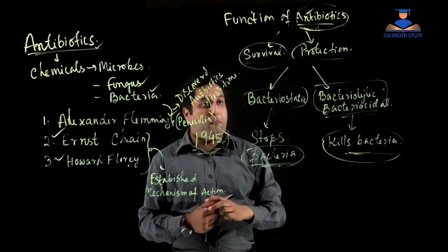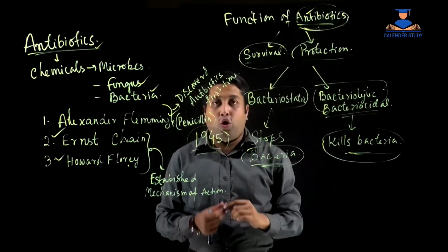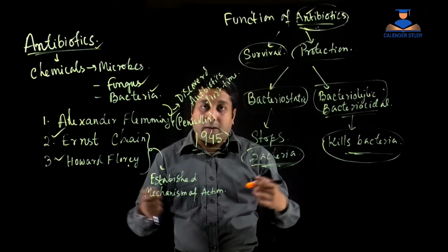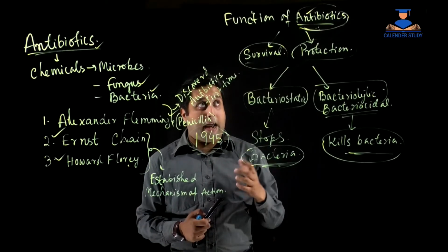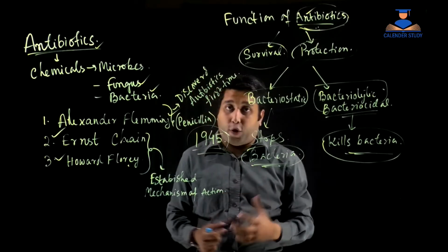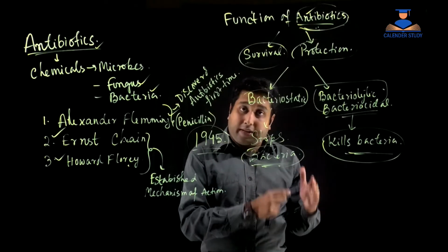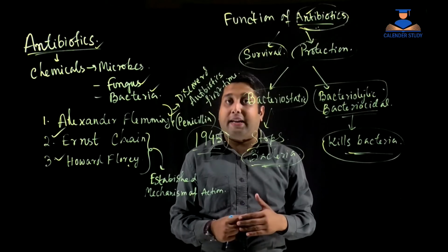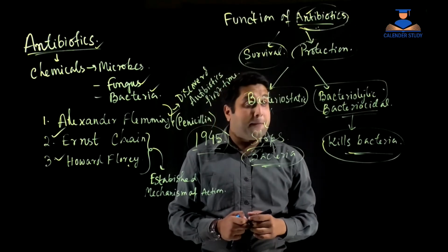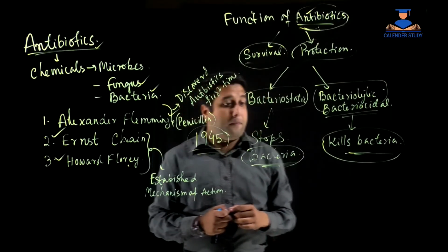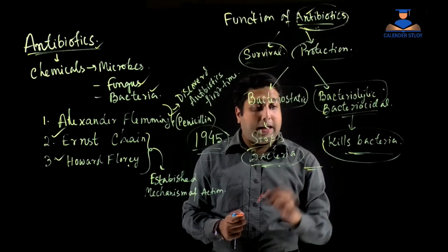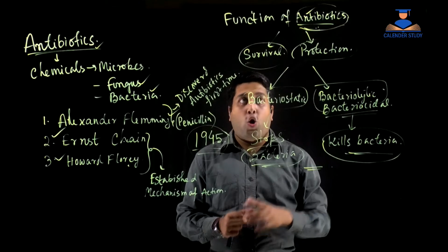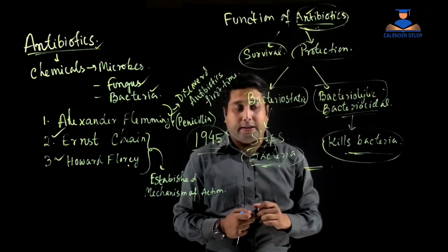Now, based on this action, we use antibiotics in our healthcare system. Antibiotics are very important in treating several kinds of illnesses and also important in surgical cases. But there are certain drawbacks that we need to remember while using antibiotics.